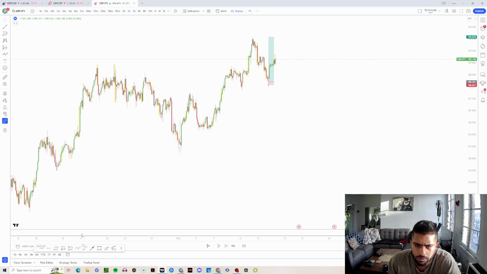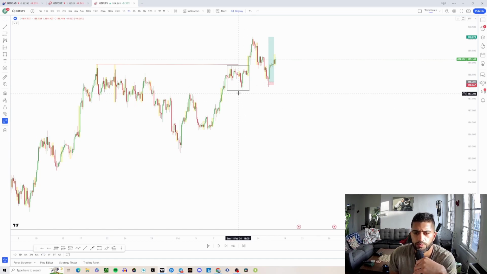And look a little more closely. We could talk about this a little later too, but this is another demand zone that finally came in to cause the final break, right? So this demand zone is key to me because these buyers came in to finally take out the sellers up here.